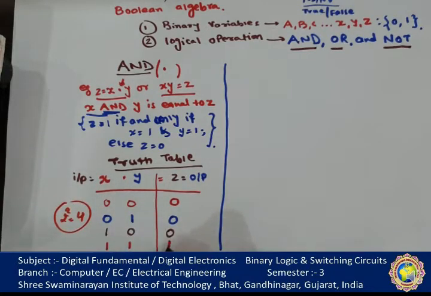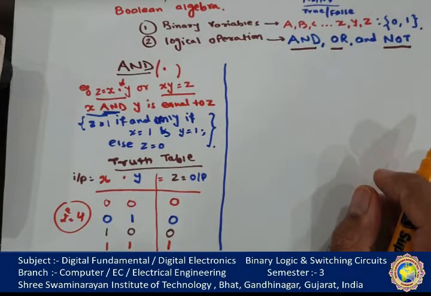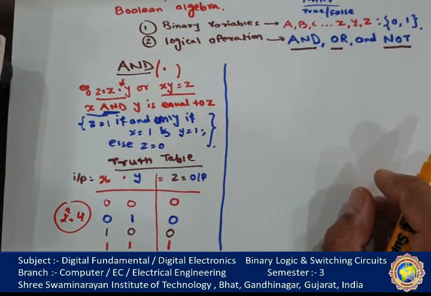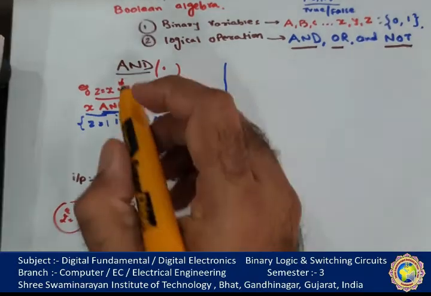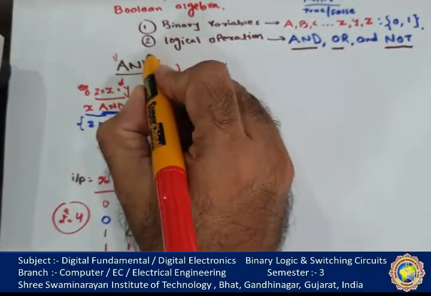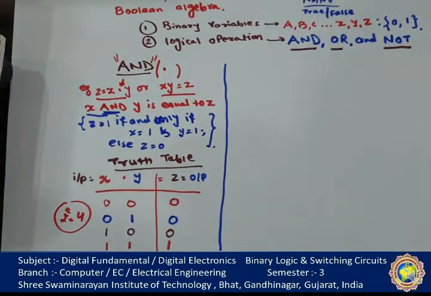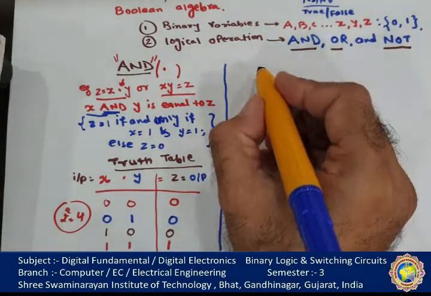So for 1, 1 the output is 1, as per the definition of AND logic. This truth table is for AND logic. So today we have learned AND logic first. The next logic is the OR logic.